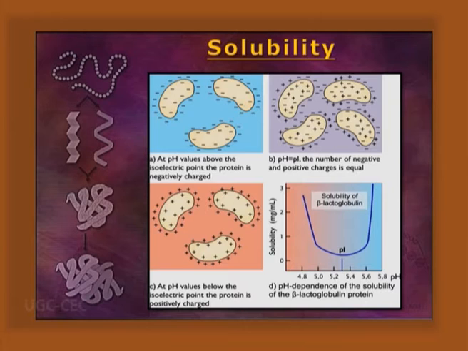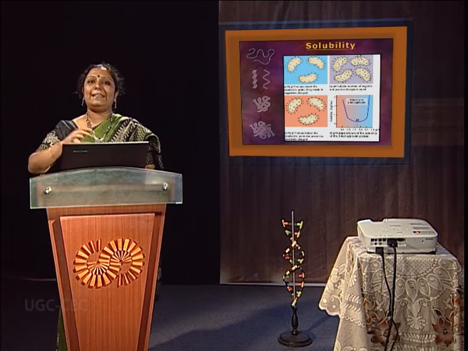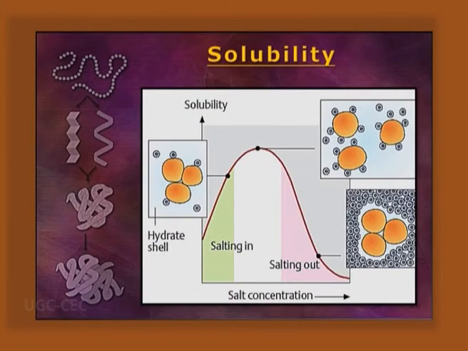If it is very compact in structure, like hemoglobin, a globular protein, it will be much more easily solubilized than a fibrillar protein. pH, as we know, at the isoelectric point has least solubility, right? So if we change the pH by addition of acid or alkali, it will be more dissolved. The solubility is also changed by the salting in phenomenon.